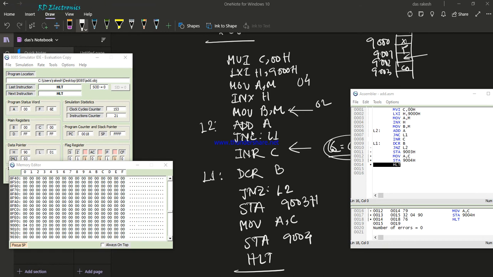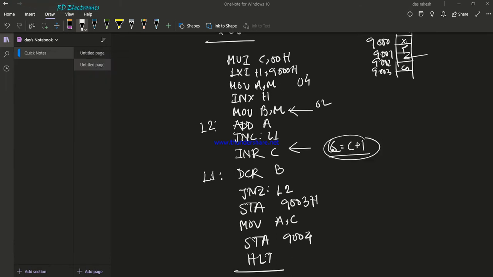One problem here is that the accumulator content is 4, so we follow one technique: this value is transferred to D. Before addition the accumulator content is 4, so there is an extra 4 added, which is problematic. So now MOV D, M, and at first here we use XRA A.